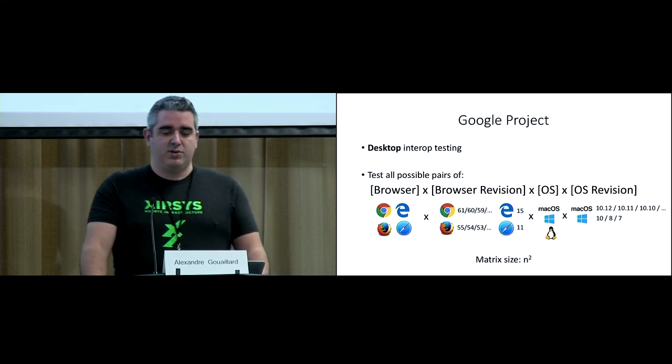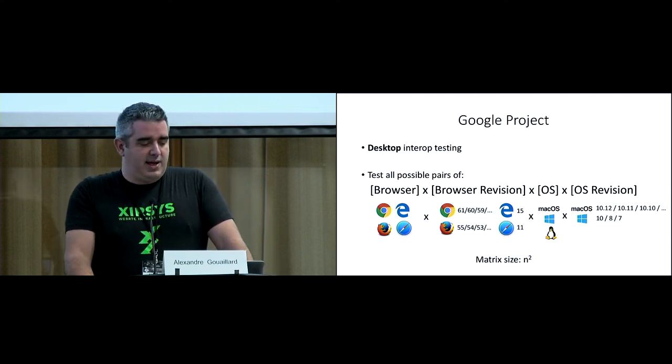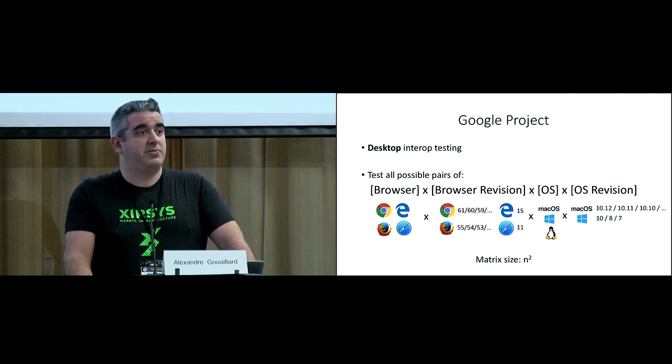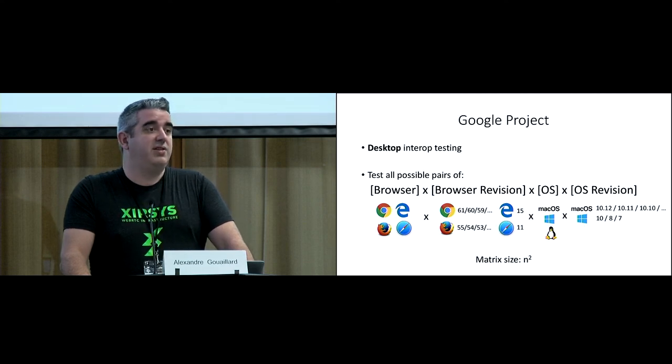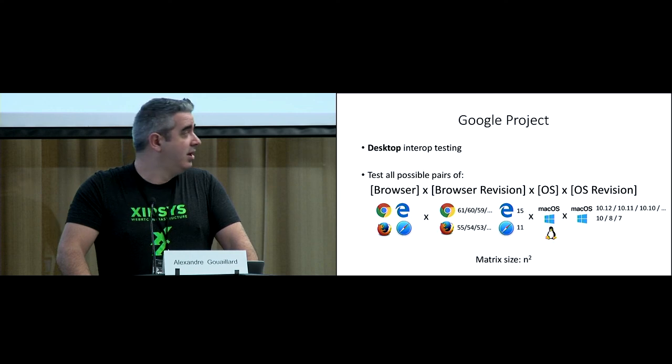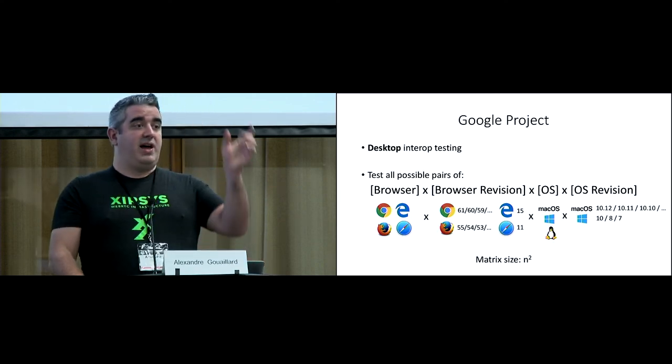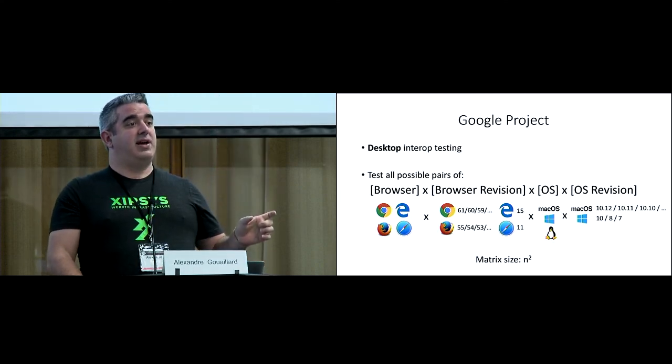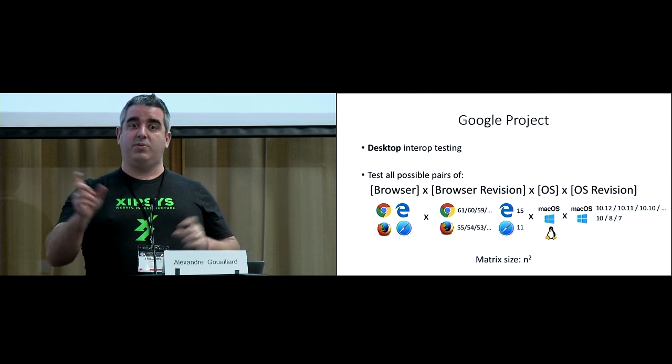So what we really want to do is to be able to test configurations. One configuration is a browser and a browser revision, so for example, Chrome 51 on a given operating system and operating system version, Windows 7. And once we have all those configurations we want to test, we want to make a one-to-one call between each of those.